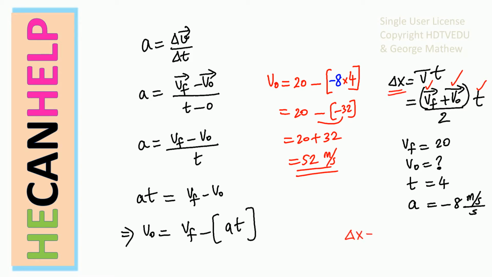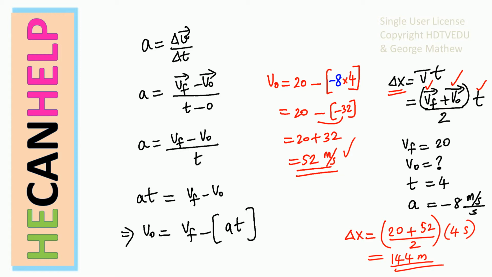Displacement is equal to the final velocity, 20, since she brought it down to 20, plus the initial velocity, 52, divided by 2, which is your average velocity, times time. The time is 4 seconds. So what do we get? 144 meters. Why? 20 plus 52 is 72. 72 divided by 2 is 36. 36 times 4 is 144 meters.